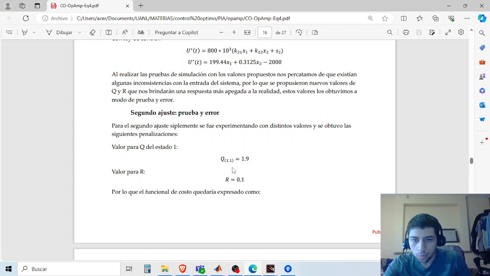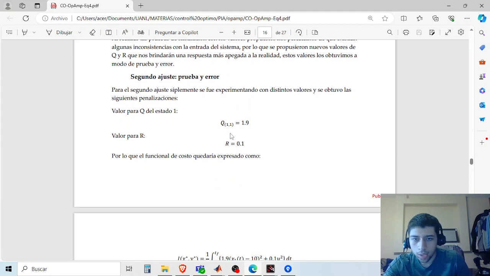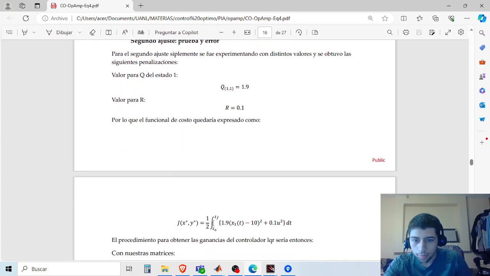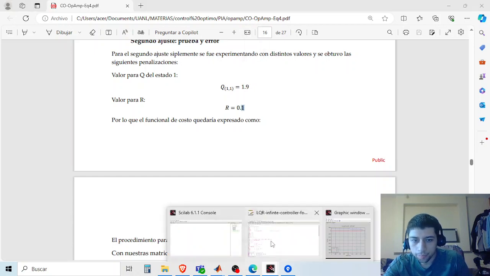For the q in the 1 space, we got 1.9 for the x1 state, and remember that we are not considering the x2, which is the derivative of the x1. So we are gonna place these values in our script.